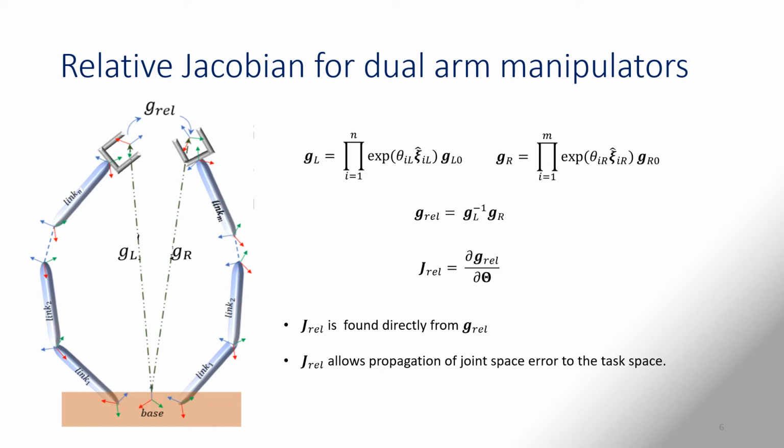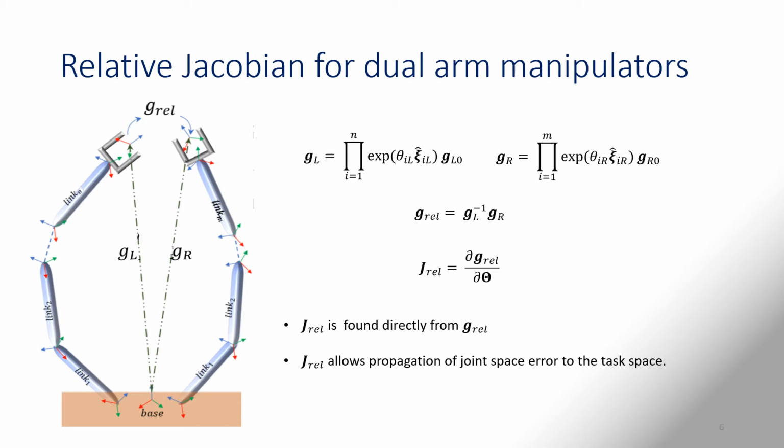The relative pose between its end effectors is G relative, which can be obtained by knowing GL and GR, the poses of the left and right end effectors respectively. In the presence of actuation uncertainties though, G relative plays the critical role to dictate the success of relative hand placement, and not the GL and GR independently.